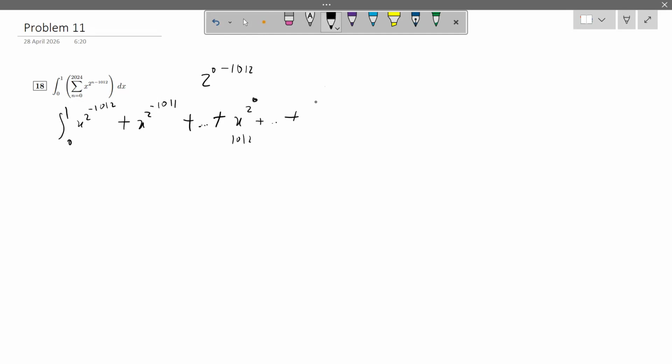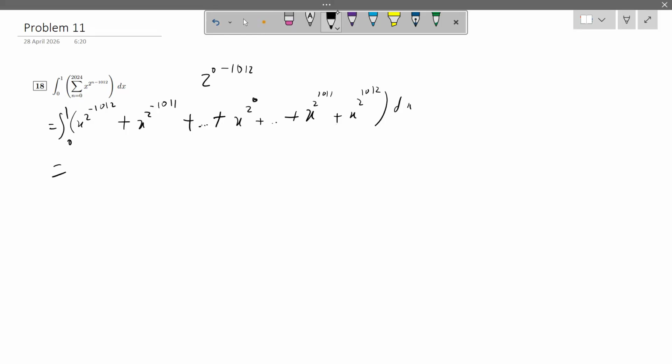And then keep going until you have x to the power of 2 to the power of 1011, and then x to the power of 2 to the power of 1012 dx. So this is actually just a whole bunch of terms of the form x to the power of something, albeit the powers themselves are also powers. But no problem, we can do that too.